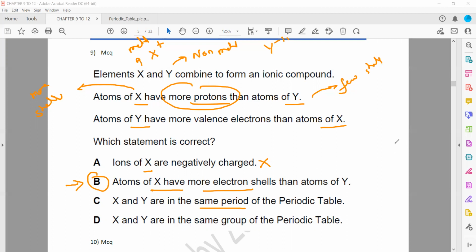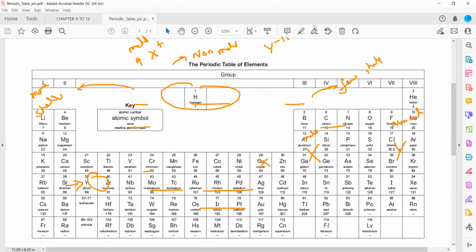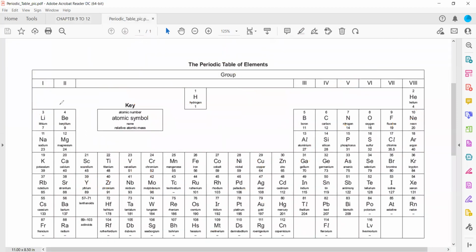Why? Because Y is a non-metal, as we identified. So for X to be in the same period, X should have fewer protons. When we move in the periodic table, if the metal and the non-metal belong to the same period, like sodium and chlorine, the number of protons on the metal should be less than the number of protons on the non-metal.